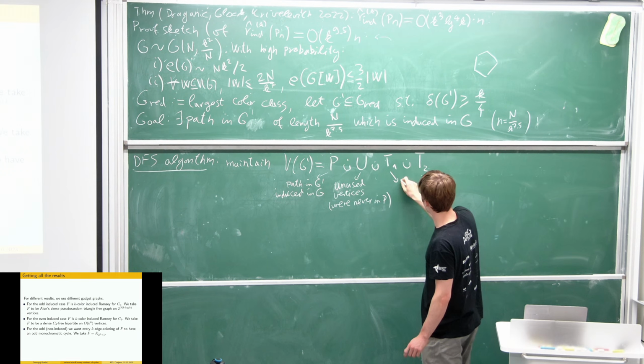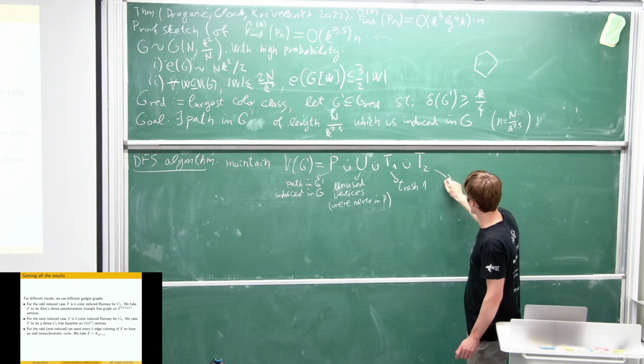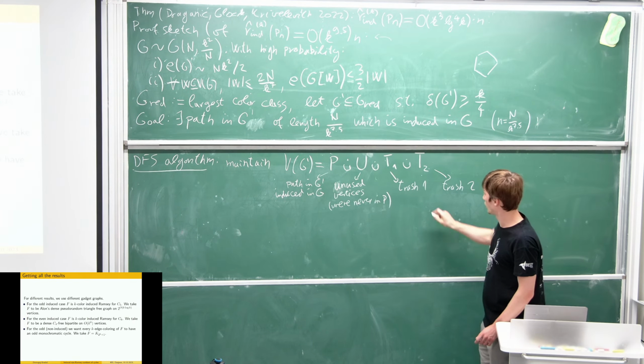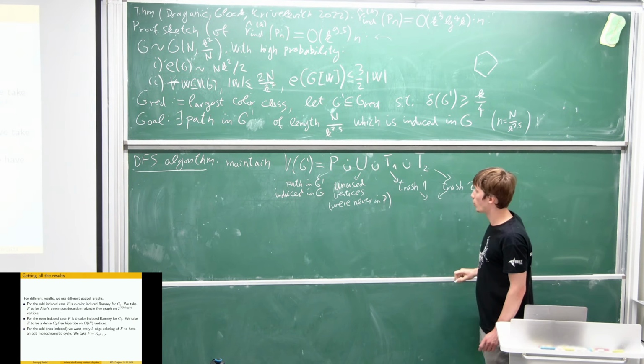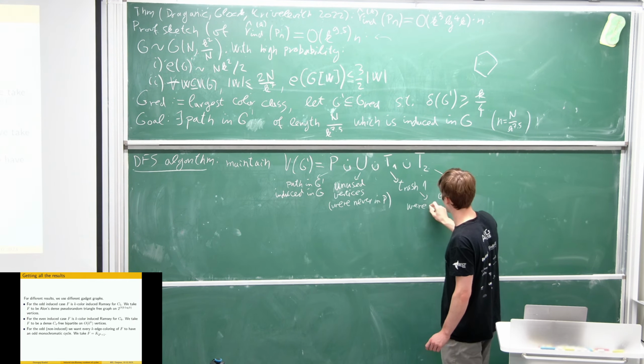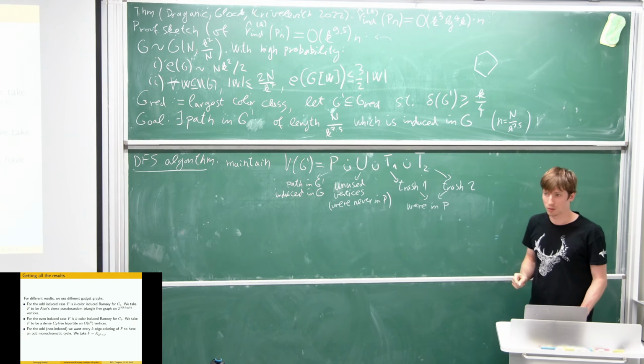And T1 and T2 I will call trash sets. And I'll have two different types of trash, trash 1 and trash 2. Okay? And both of these sets contain vertices which at some point in the algorithm were in P.